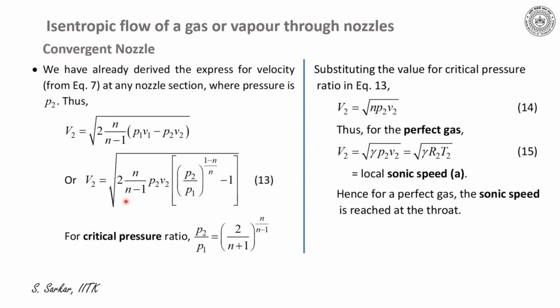Now, we know for the critical pressure ratio, P2/P1 is equal to (2/(n+1)) to the power n/(n-1). Thus substituting the value for critical pressure ratio in equation 13, we have V2 equal to root over n P2 v2, which is equation number 14.